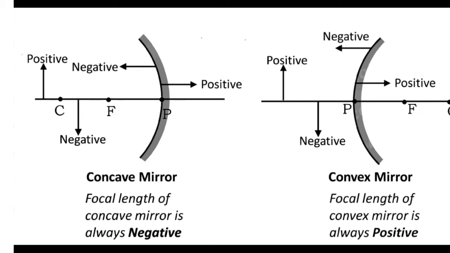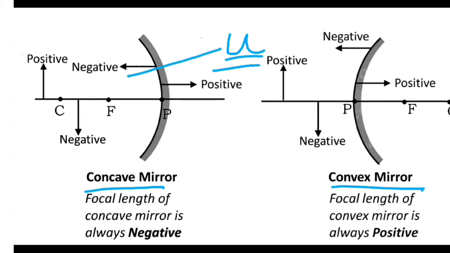Again, now consider the object, which is represented by U. In both concave and convex mirror, we put the object on the left side of the mirror, is it not?